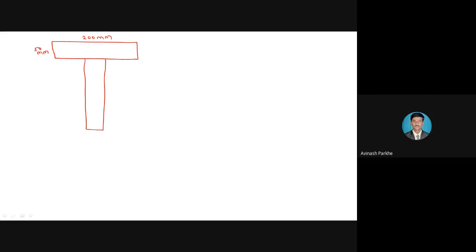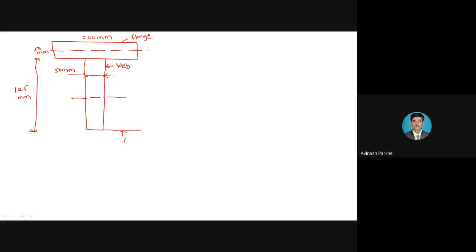This is the center line of the flange, and this is the web. Its horizontal dimension is 50 mm, and the vertical dimension of the web is 125 mm. This is the center line of the web, and this is the bottom.